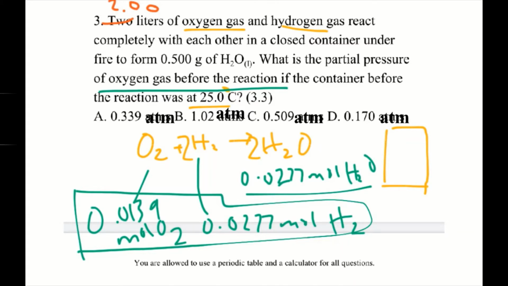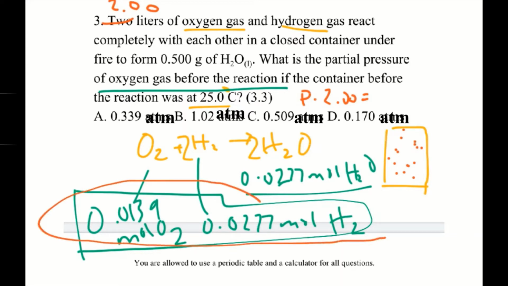So to find the total pressure, we simply have to do PV equals nRT. I don't know what the pressure is, and the volume, 2.00, is equal to n. And remember, at the total pressure, we are counting all the moles. So in the beginning, we had this many moles of gas, so you have to add up 0.0139 plus 0.0277, and I get that we had 0.0416 moles of gas at the beginning, and this includes both O2 and H2.